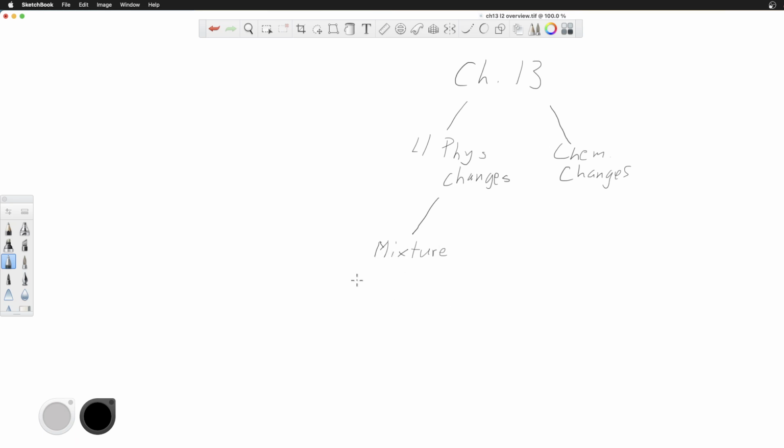And to be prepared for the quiz, you just need to know a couple terms. And really, it breaks down into two different ways to look at mixtures, which again is a specific type of physical change. In a mixture, one way to look at it is how evenly a mixture is mixed up.